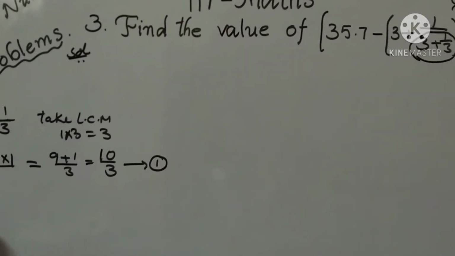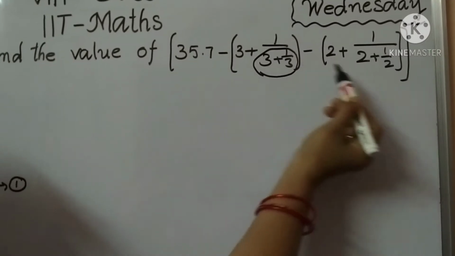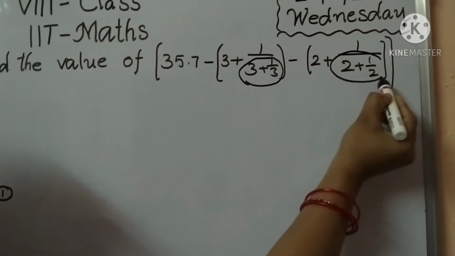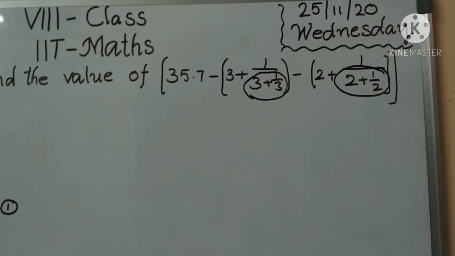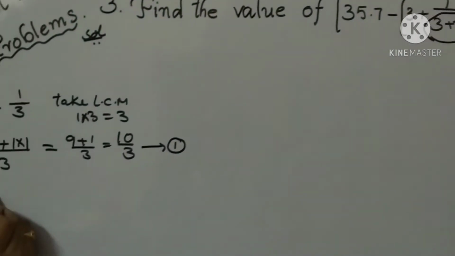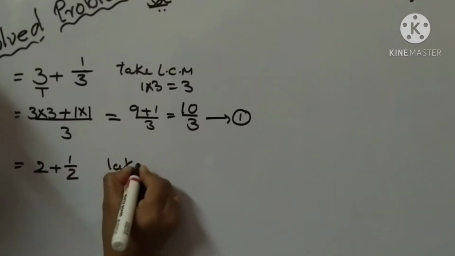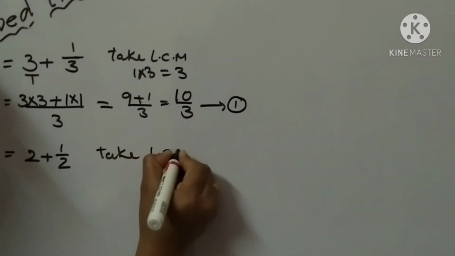Okay, next one. The next term, the denominator is 2 plus 1 by 2. Take the LCM.